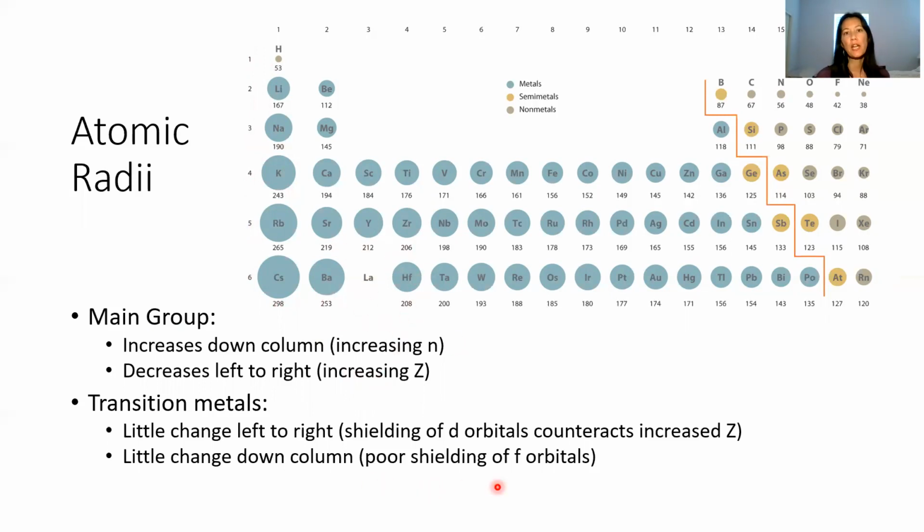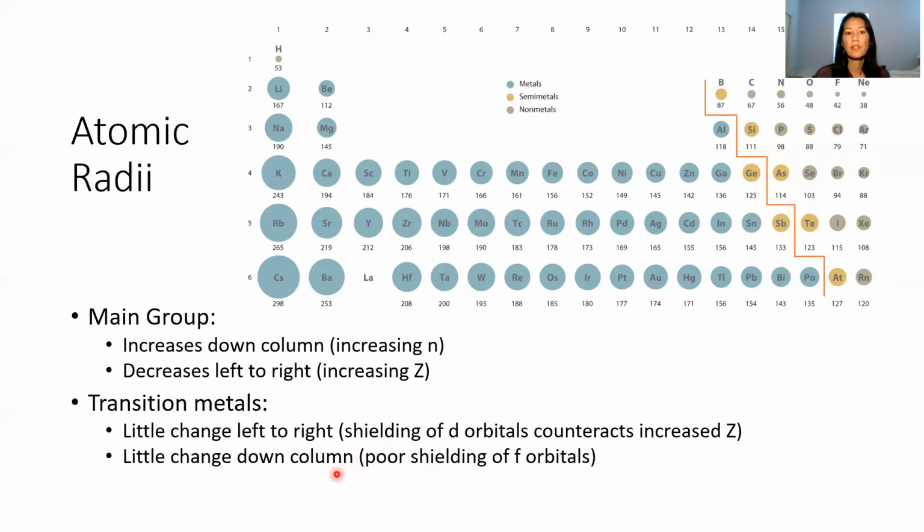If you remember the shape, F orbitals are similar to D but with more lobes, more complex, and most of that electron density is away from the nucleus. So you actually have very poor shielding, meaning you're letting more of the positive charge be felt.